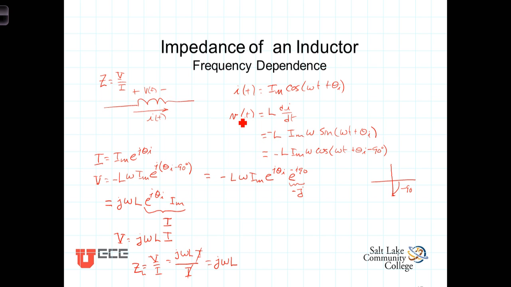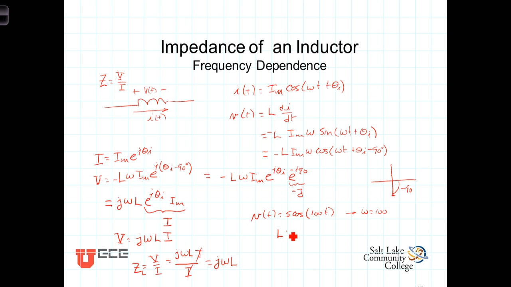Let's just take an example. Let's assume that we have a source, v(t) is equal to 5 cosine of 100t. In other words, omega is equal to 100. And let's say we've got a 50 millihenry inductor.